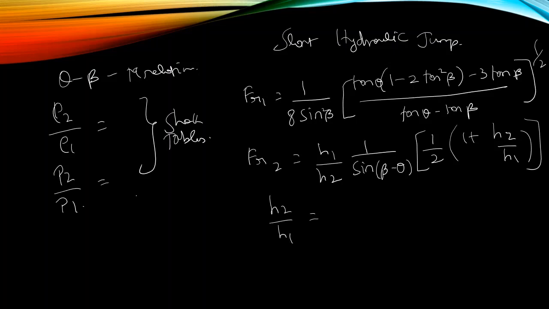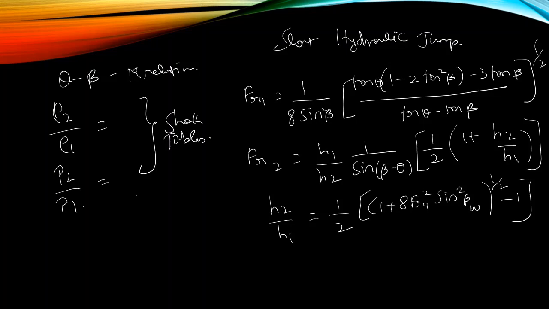That is the depth ratio: 1 by 2 times [(1 plus 8 Froude 1 square sine square beta) to the power of 1 by 2 minus 1]. So these are the relations considered for slant hydraulic jump, that is for oblique shock alone, right?